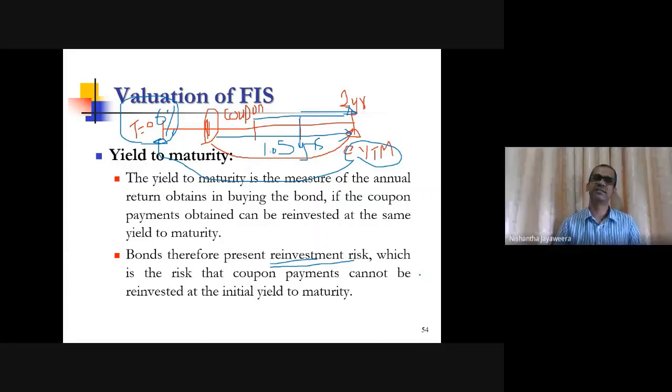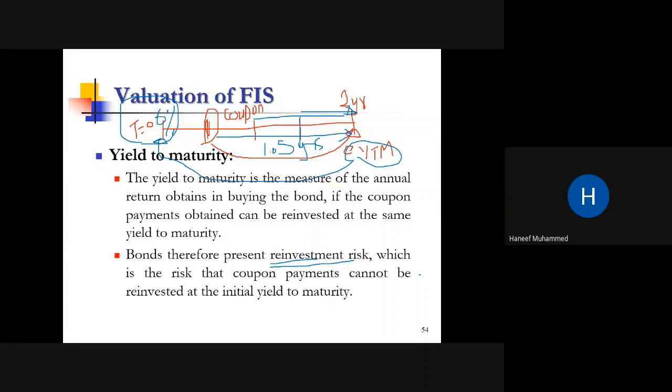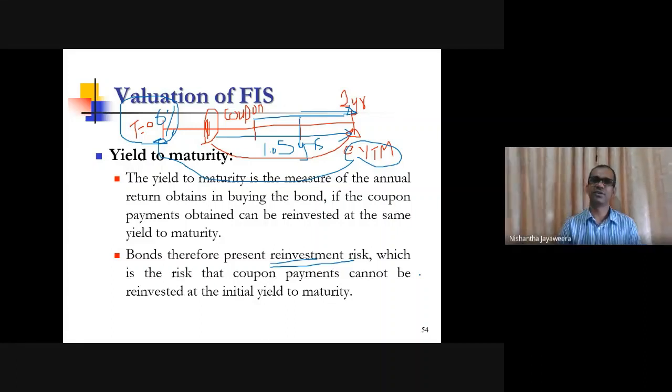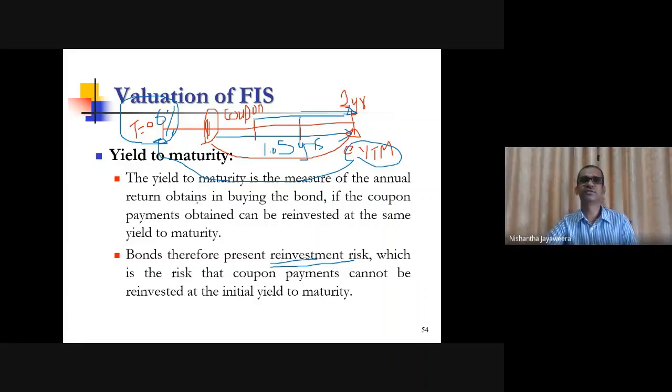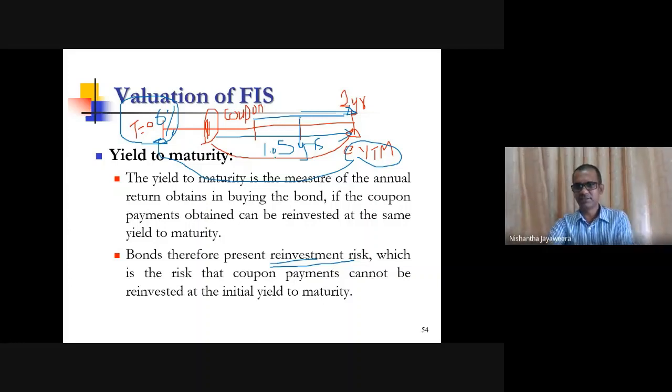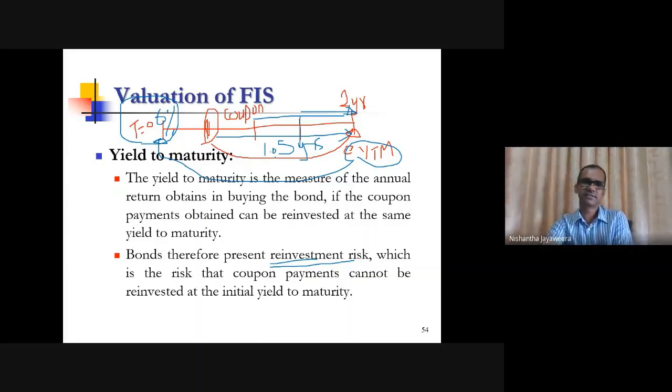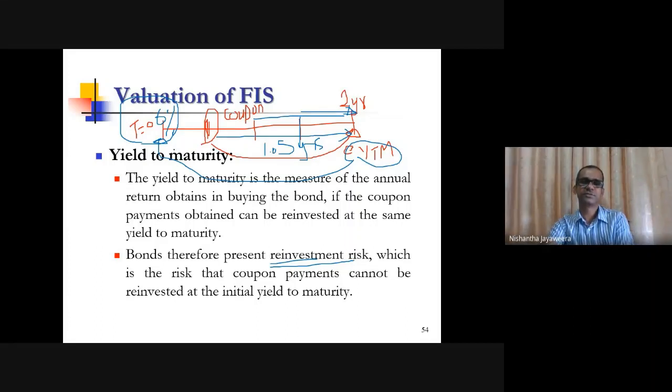Yes, assuming that yield will remain there for the whole period. So unless you invest all those cash flows until this maturity, you won't realize this 6% or whatever the yield to maturity that you use.